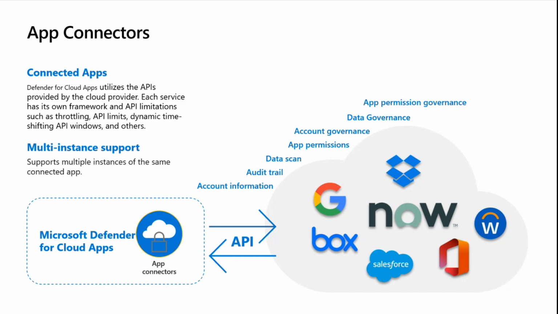Now that control using the app API, between the application and Defender for Cloud Apps, happens using encrypted HTTPS, right? And then every app is different. Every app uses its own framework. Every app has its own API limitations, like throttling or how many API calls it's going to allow us. We have to work within the limitations of the framework for each of those API connectors that we get from these 31,000 plus applications.